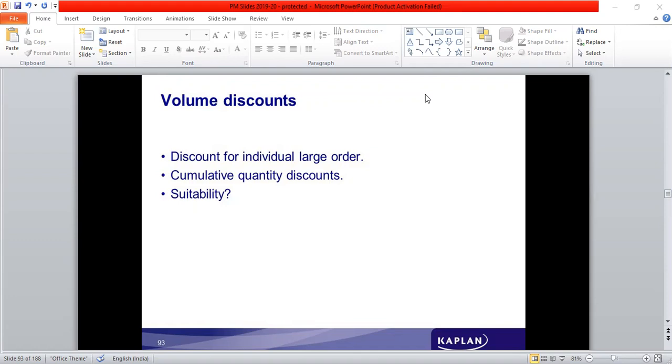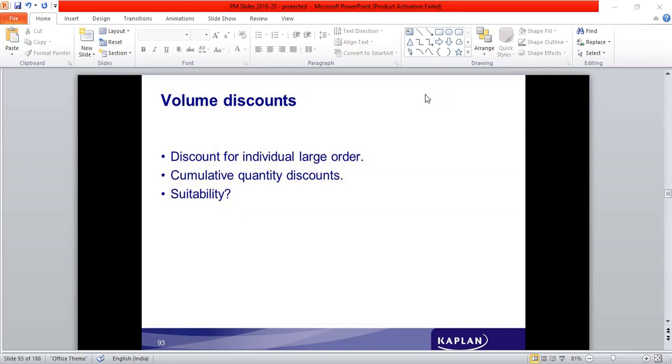But if they purchase more inventory, if the quantity increases, in such cases we see that the discount is offered. So there are discounts for individual orders, large orders, and cumulative quantity discounts, and it should be suitable for the business also to go in for that.